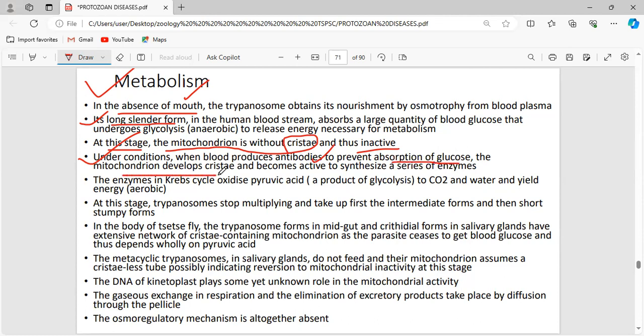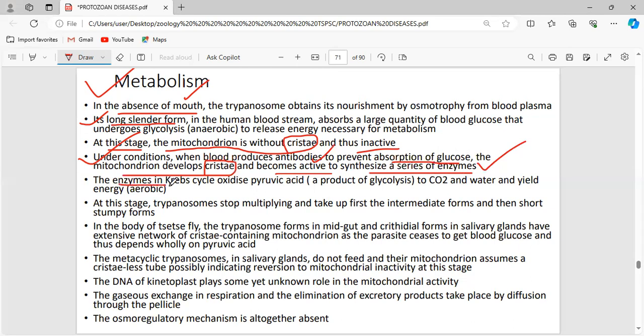Now the mitochondrion is going to develop the cristae. When the mitochondrion starts developing the cristae, it becomes active. Once active, it releases several enzymes and undergoes the metabolic process.